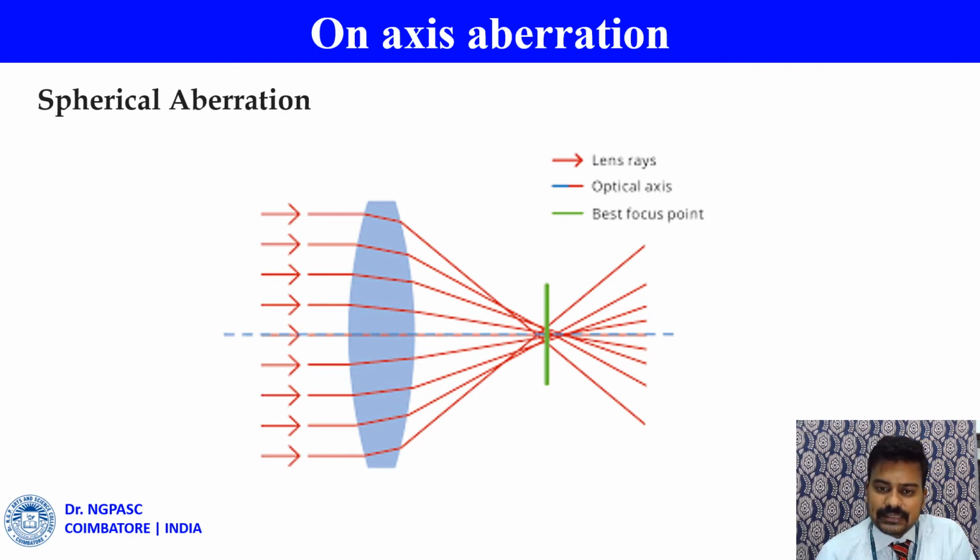This green line is said to be the best focus point to overcome the aberration. We can't overcome 100%, but we can overcome 60 to 70%. So this is the best focal point of the aberrations. This is known as spherical aberration.